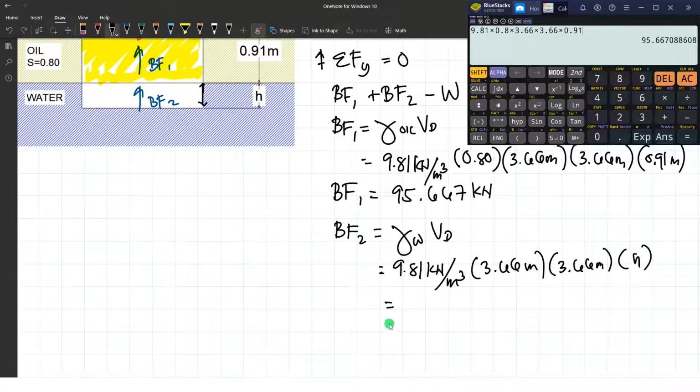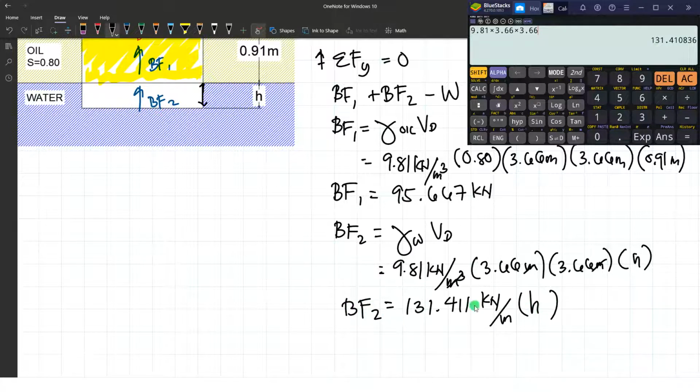So 9.81 by 3.66 by 3.66, that's 131.411 kilonewtons per meter. So cancel that. We have that multiplied by h. So BF2, we have a variable h, which is required.